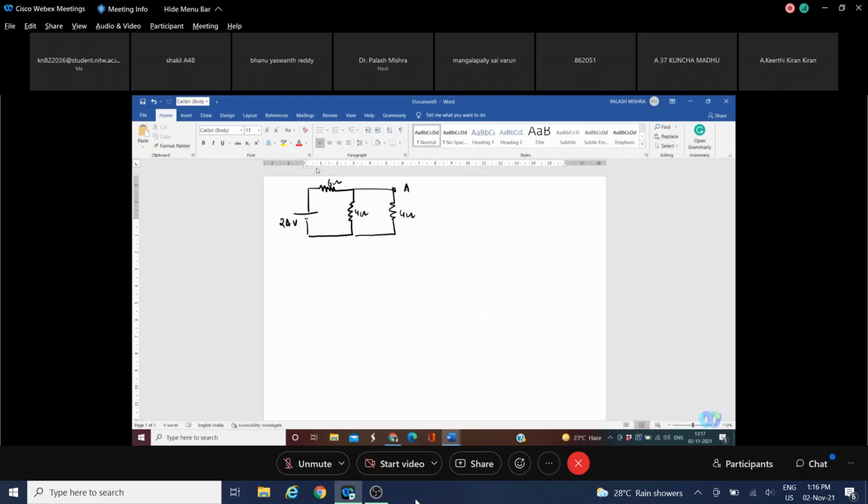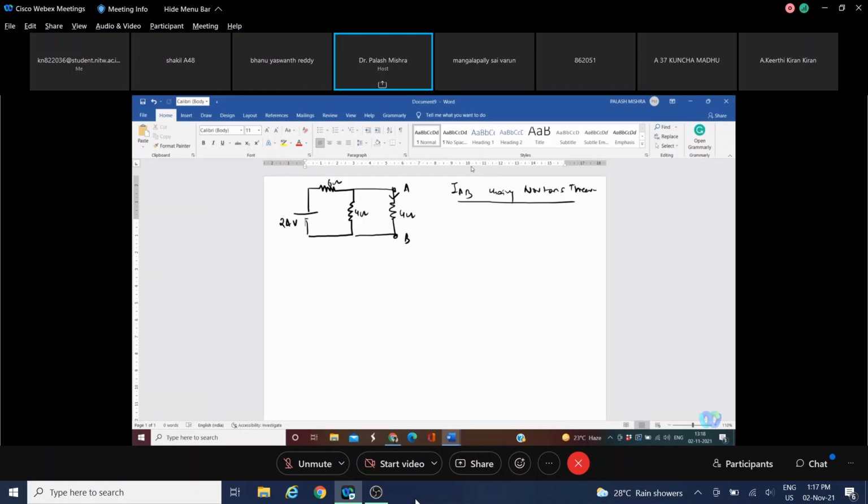And these are the two terminals A and B. And you have to find out the IAB by using Norton's theorem. So you have to find the current which is flowing in this terminal A to B using the Norton's theorem.